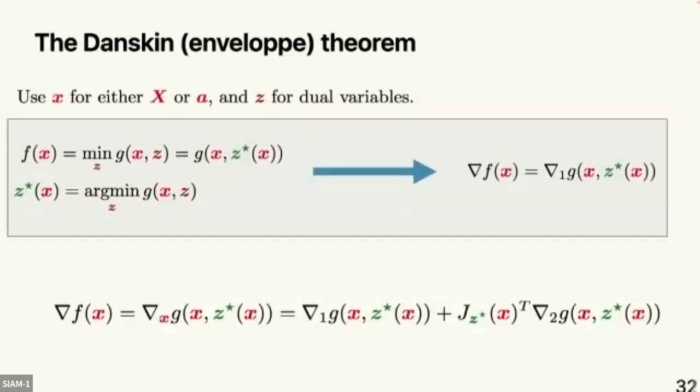So how does z star change with respect to x? Fortunately, because of this relationship here, this quantity is 0 precisely because z star of x is the argument, and therefore cancels the gradient of g at the second variable. So this is a very high level description of the Danskin or the envelope theorem.